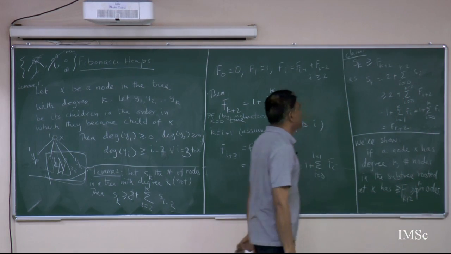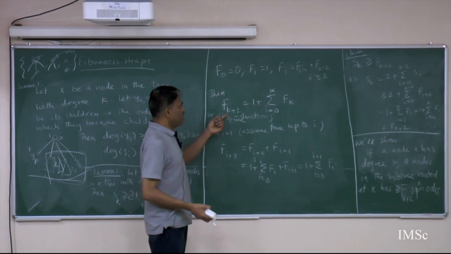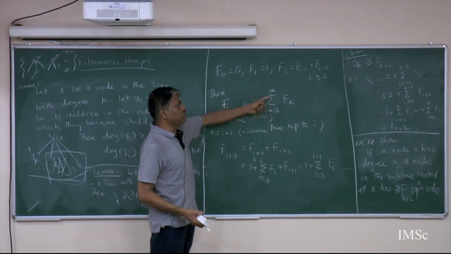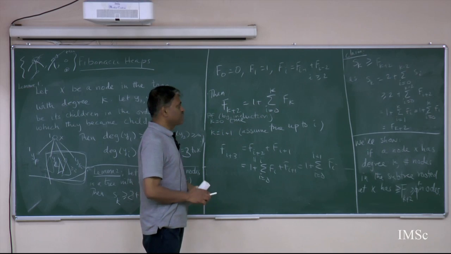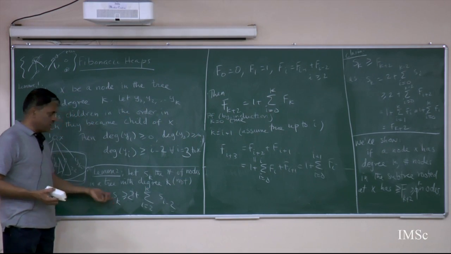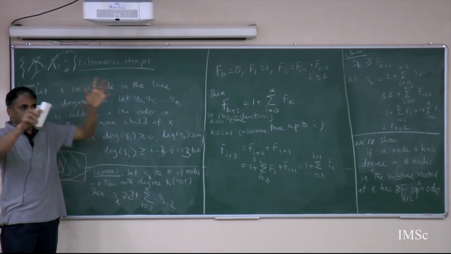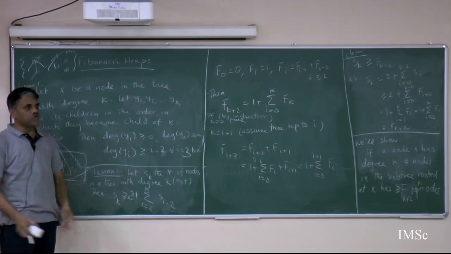Okay, so some calculations. Basically, we have that F(k plus 2) is 1 plus the summation from 0 to k of F(i), and it just falls in that this is the number we are interested in, right? You have a node whose root has degree k. What is the minimum number of nodes it will have?